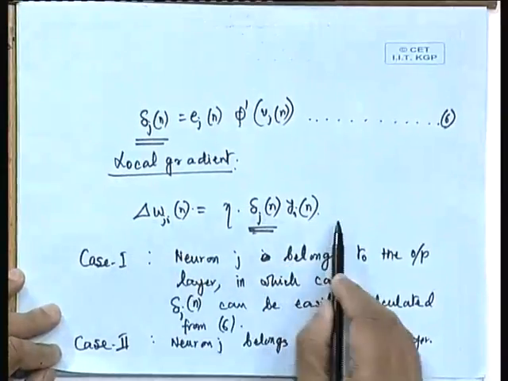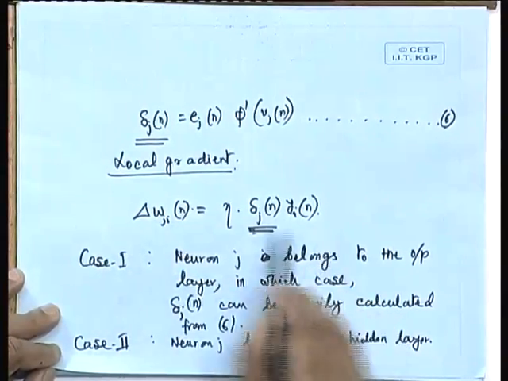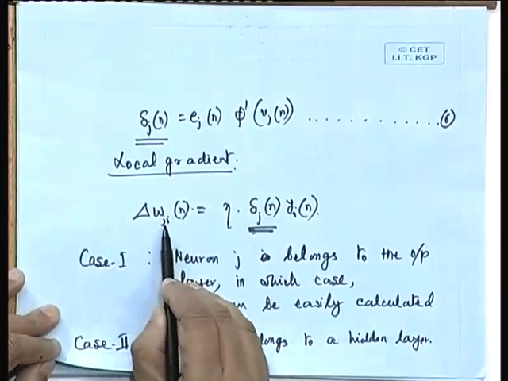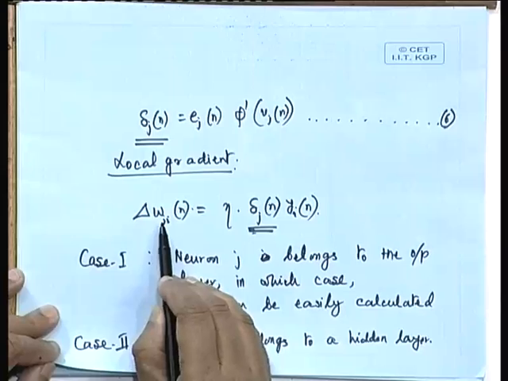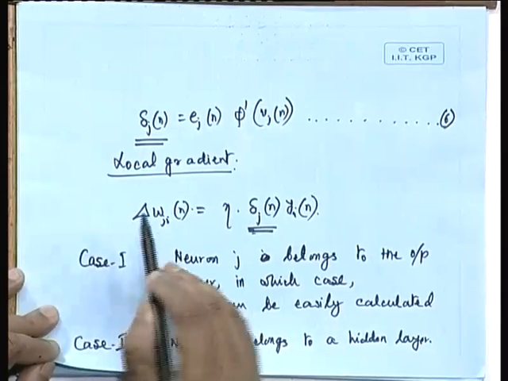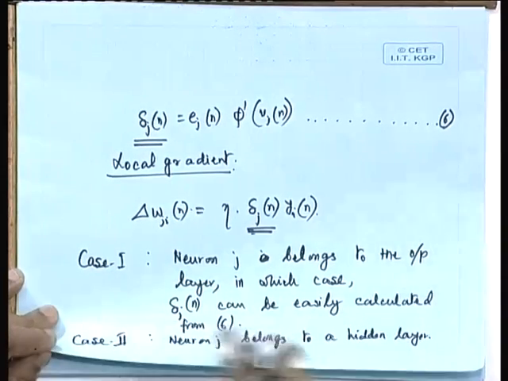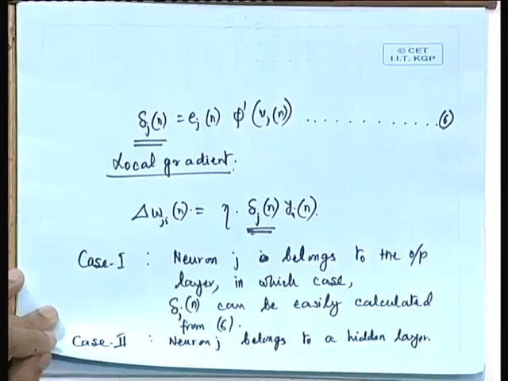Delta J is nothing but the local gradient of the hidden layer neuron J, and if we can calculate delta J for the hidden layer, then simply we will be applying this rule again in order to adjust the weight between the jth hidden layer neuron and its preceding ith neuron in the previous layer.